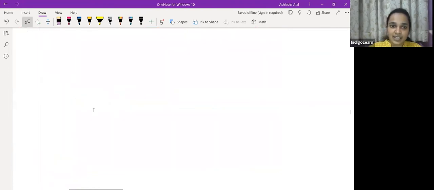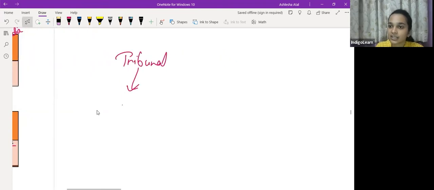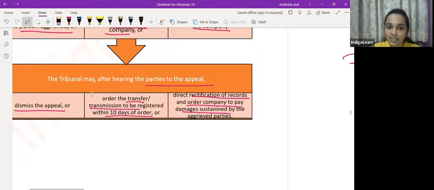So basically, if there's any mistake which has happened, तो फिर an appeal can be filed with the tribunal. और tribunal का जो भी order होगा, tribunal can either pass an order कि जो भी transfer transmission है, it has to register, या फिर dismiss कर देगा if the appeal is not valid. या फिर the tribunal would say that the company should rectify its register as required, and also if any damages are sustained by the aggrieved party, the aggrieved party shall be paid those damages by the company. So that is how rectification of the register of members takes place under section 59.